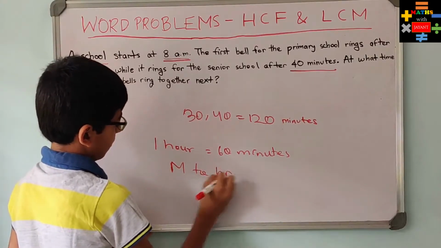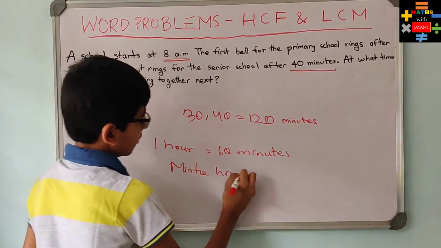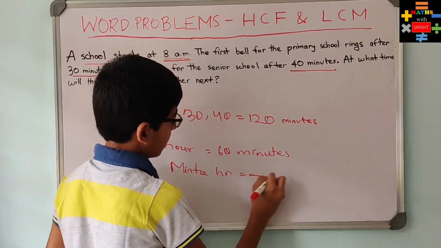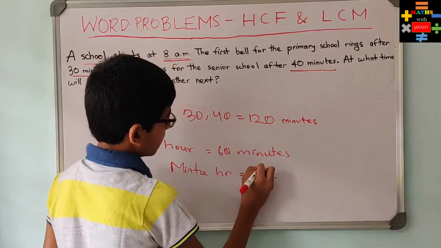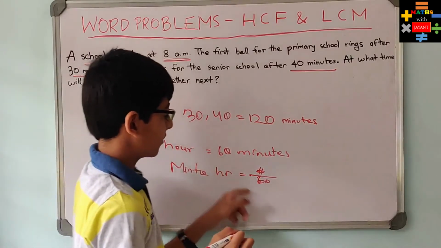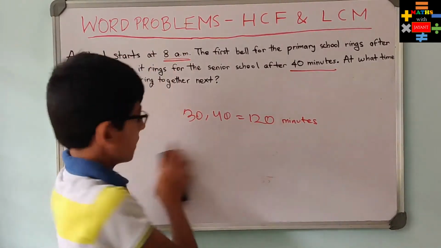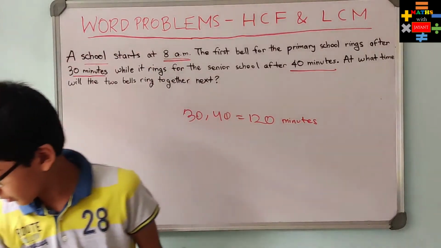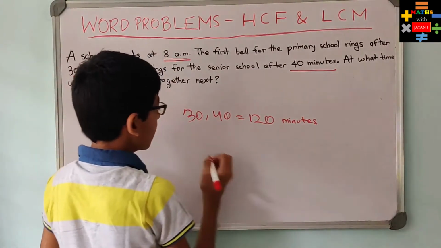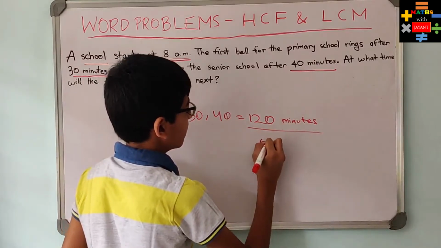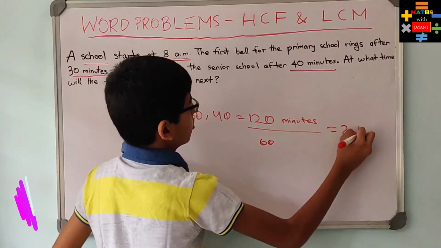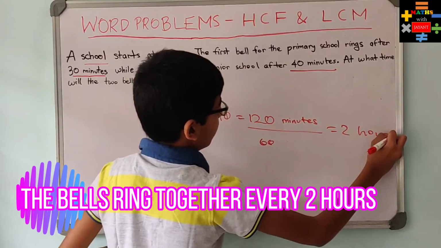Over here you are going to divide that number by 60, whatever number that is. So let us divide 120 by 60. 120 divided by 60 is going to give us 2, and that's 2 hours.